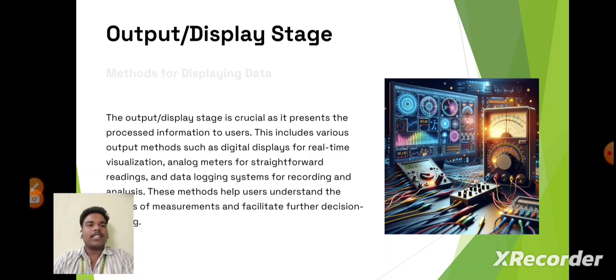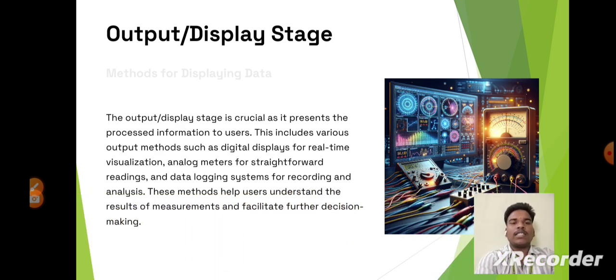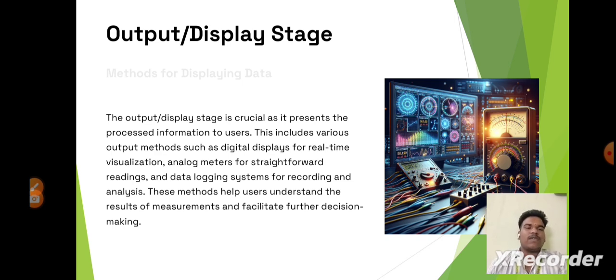Simple. This includes various output methods such as digital displays for real time visualization, analog meters for straightforward readings, and data logging systems for recording and analysis. These methods help users understand the results of the measurements and facilitate further decision making. These are very brief steps.